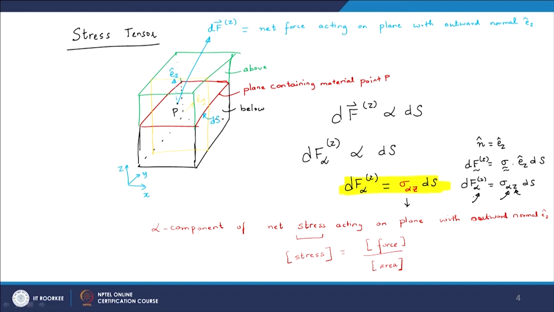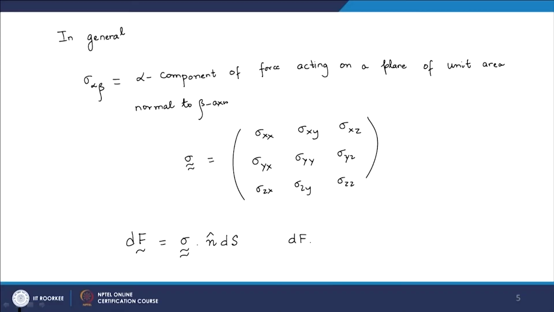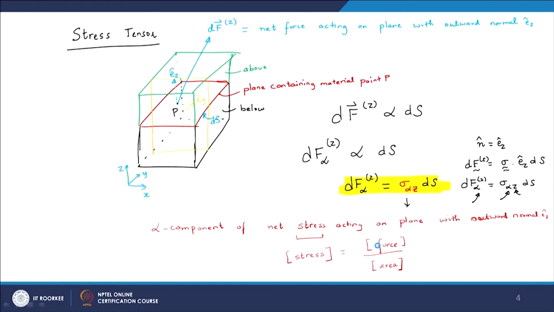There is a more rigorous derivation that we can also do by drawing, say, a tetrahedron around point P that I will not go into right now. So, in general I can also write this as df alpha is sigma alpha beta n beta ds. You can remember there beta is equal to z in that case. So, we had sigma alpha z Ez ds, that is what we had here.